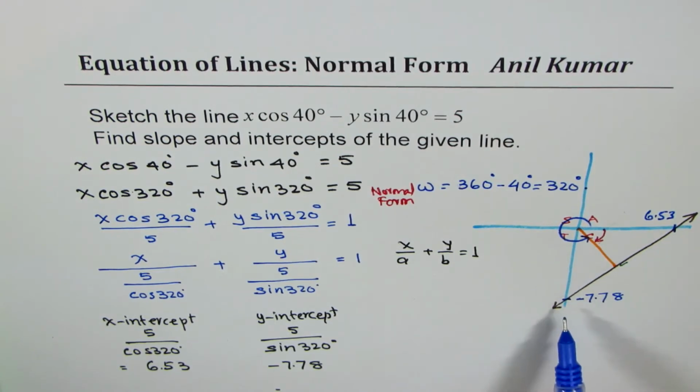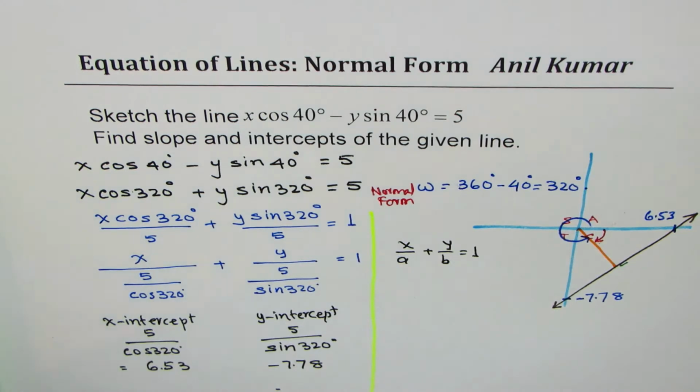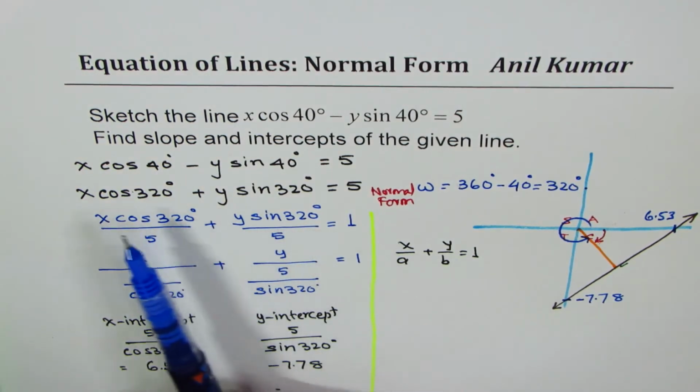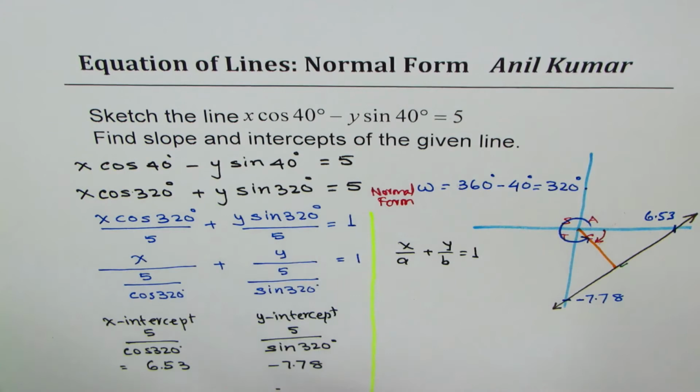Knowing these intercepts, you can always find the slope. However, we'll convert this line into slope-intercept form and then calculate the slope from that. So you'll learn how to rewrite the given equation in different forms, right? The equation is x cos 320 plus y sin 320 equals 5.